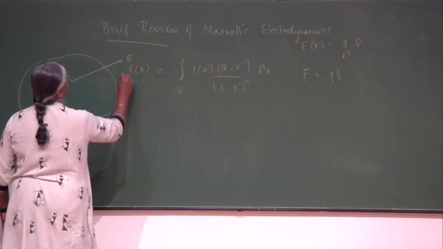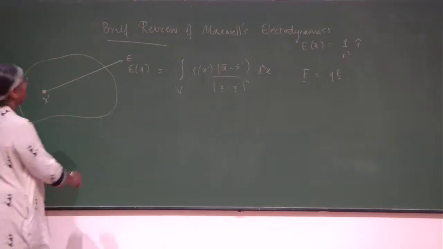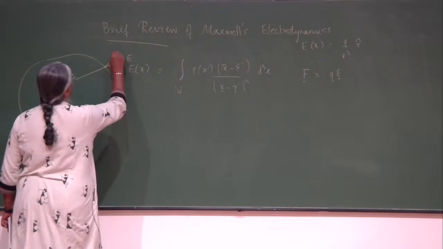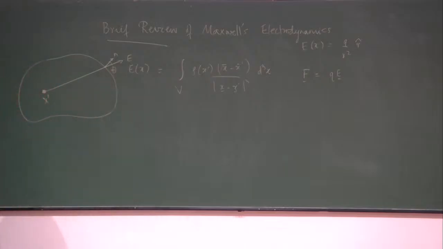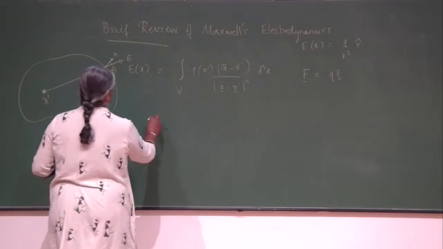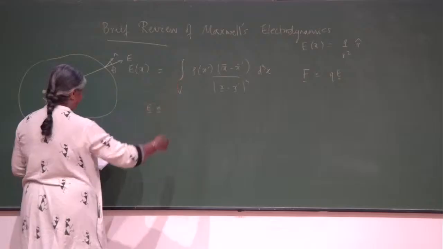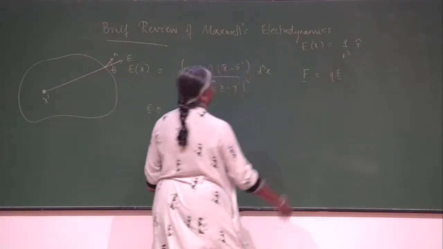This is E. And if I now want to integrate it, at this point I define a normal, and I say that this is theta with respect to that normal. So then what do I get? I get the normal component of the field. The magnitude of the field is Q by R squared.